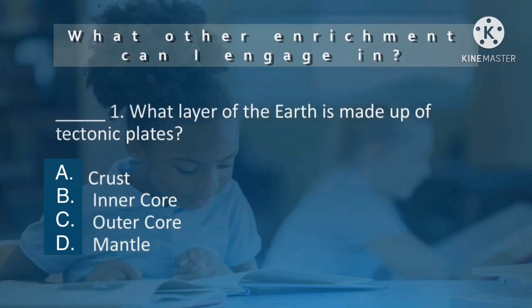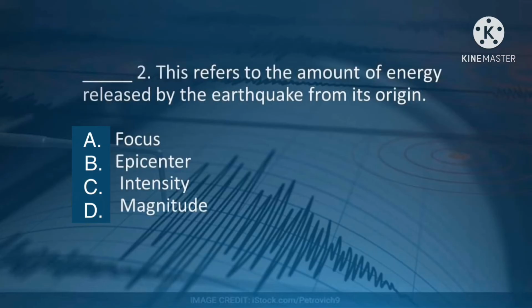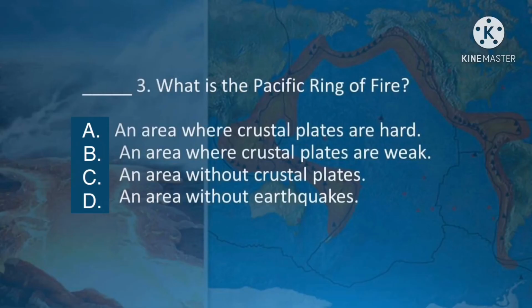The answer is A, crust. How about number 2? This refers to the amount of energy released by an earthquake from its origin. What is the answer? Hurry up! Alright, the answer is letter D, magnitude.